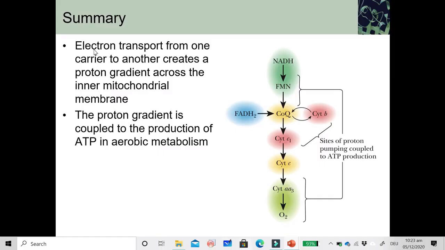As we've said here, the electron transferred from one carrier to another creates a proton gradient across the inner mitochondrial membrane. Now, the proton gradient is coupled to the production of ATP in aerobic metabolism, right?